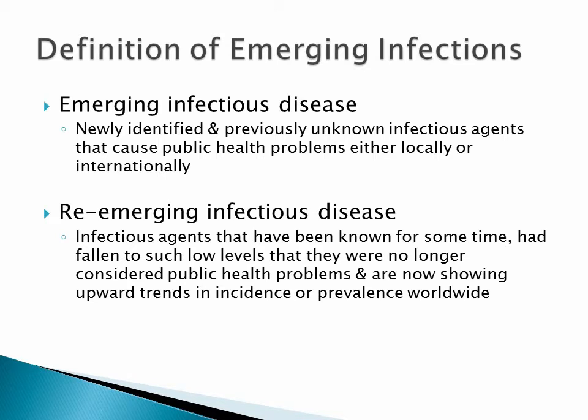Re-emerging infectious disease is defined as infectious agents that have been known for some time, had fallen to such low levels that they were no longer considered public health problems, and are now showing upward trends in incidence or prevalence worldwide. Essentially, new, re-emerging, or drug-resistant infections are those whose incidence in humans has increased within the past 2 decades, or whose incidence threatens to increase in the near future.